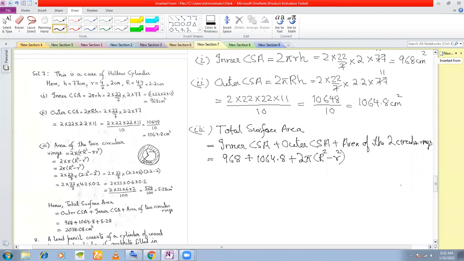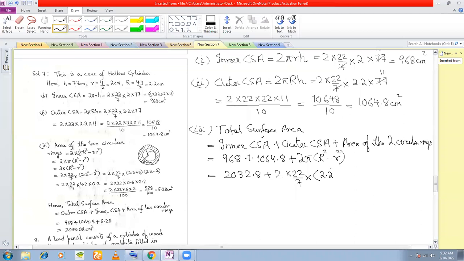Now you can find this out, which is equal to, now if you add these two, you're going to get 2032.8 plus 2 into, put the value of pi, into R square minus r square.